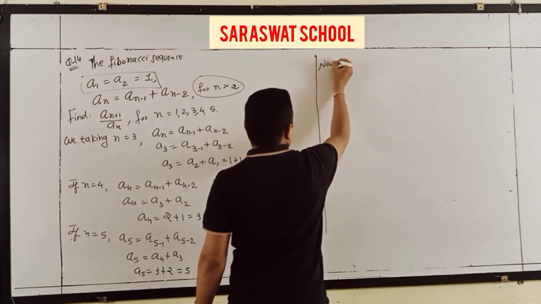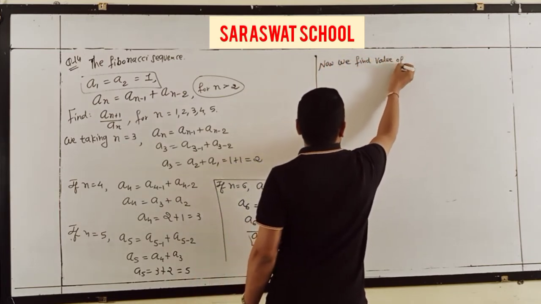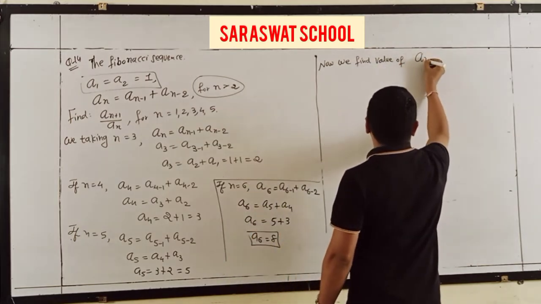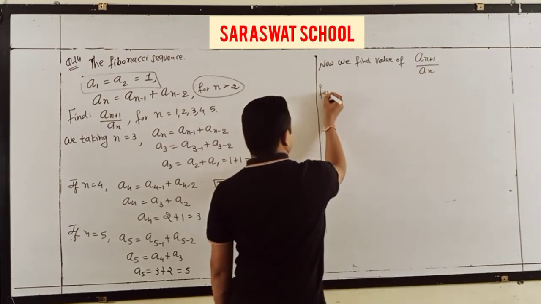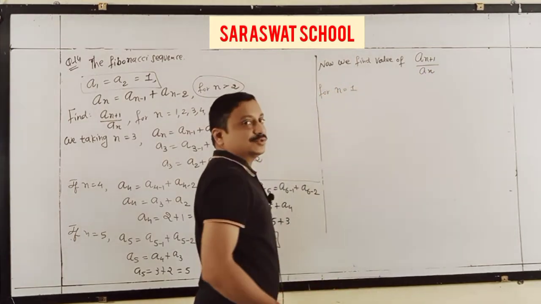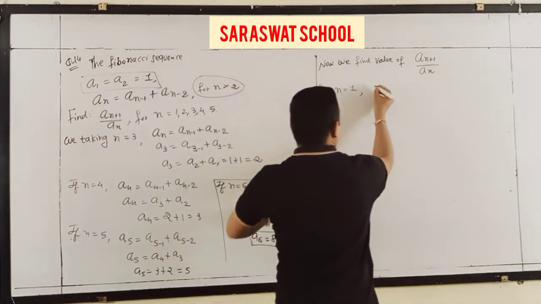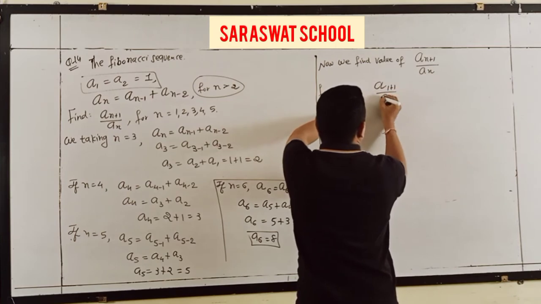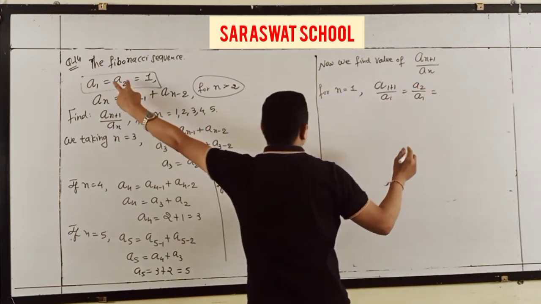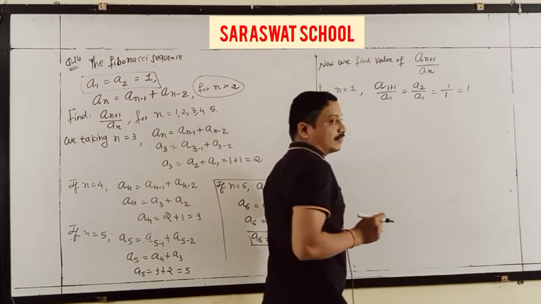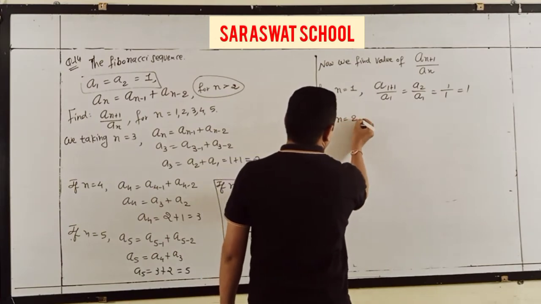Now we find the value of An plus 1 below An for respectively n equal to 1 to 5. So for n equal to 1, attach here 1 plus 1 by A1, A2 by A1, and both values known, 1 by 1. First done.